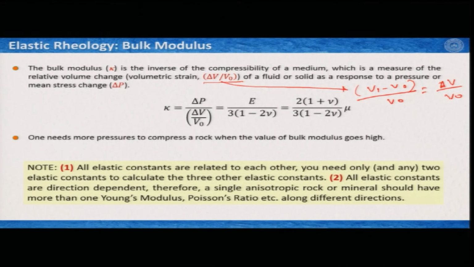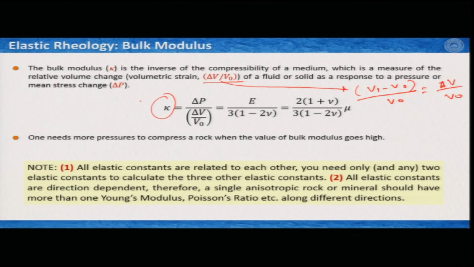That is the relative volume change of the material you are considering with the change of pressure. So, if I am increasing or decreasing the pressure, how much volume change is the rock experiencing within the elastic domain? That is your kappa, or bulk modulus.